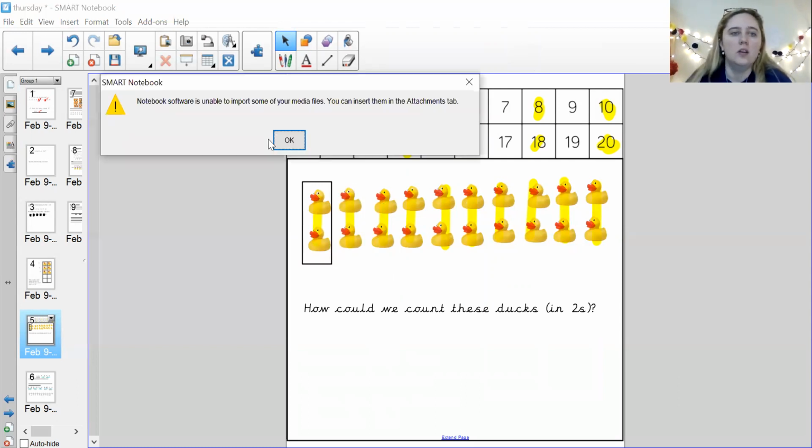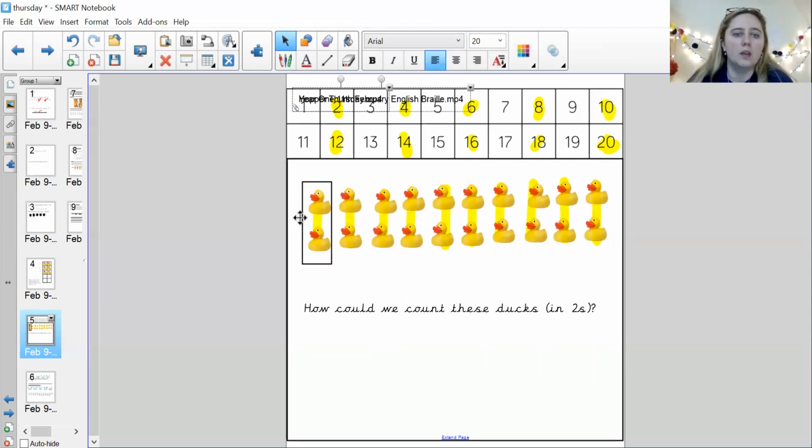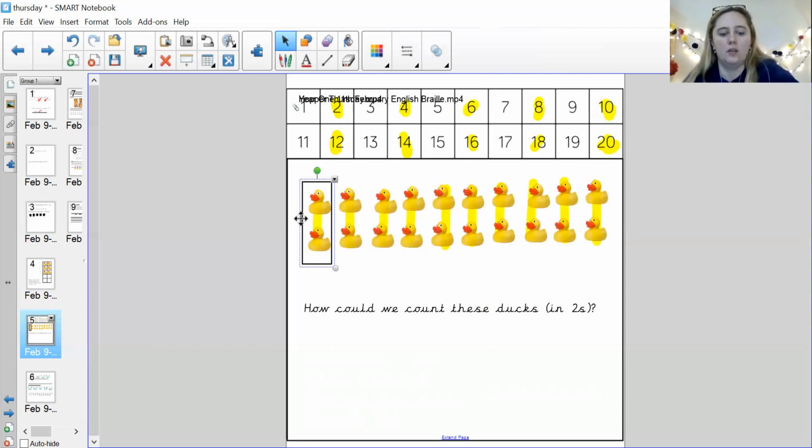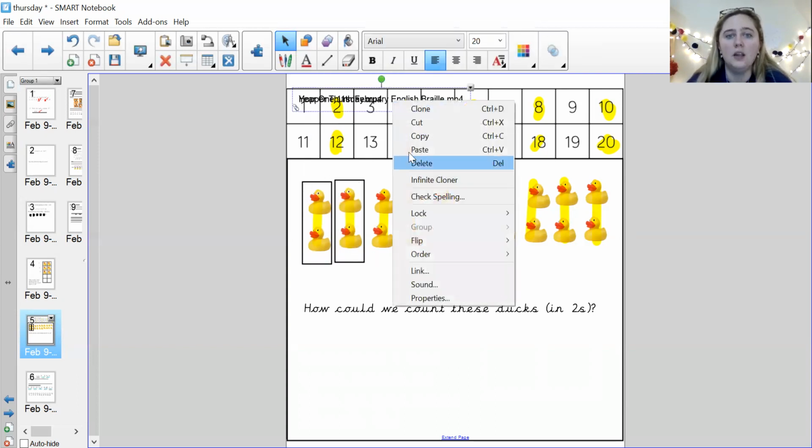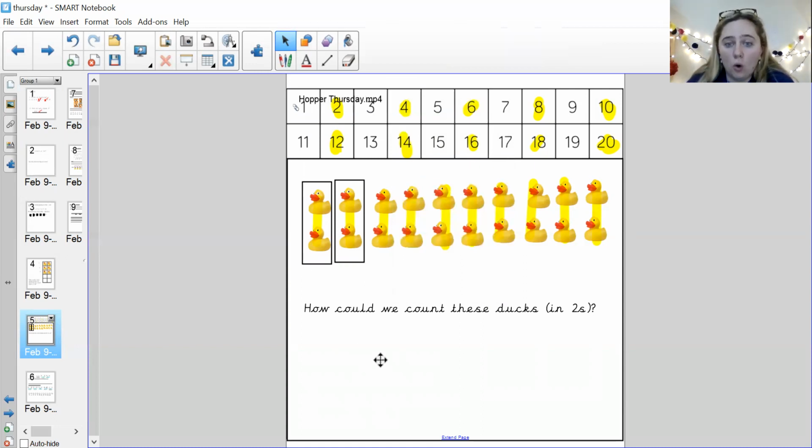So we could go 2, 4, and we could draw boxes around them, couldn't we? Or we could highlight them like I did. Okay, so this is all about teaching you ways that we could count in twos as well as actually counting in twos, okay?